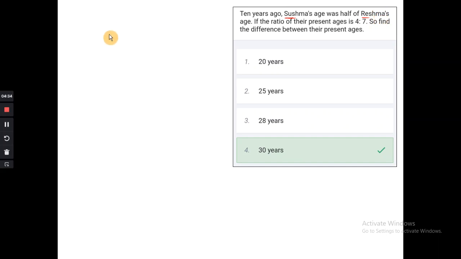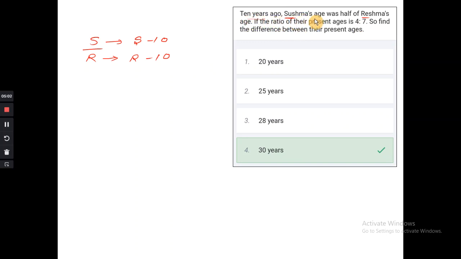So take Sushma by Reshma. 10 years ago means S minus 10 and Reshma's age 10 years ago will be R minus 10.